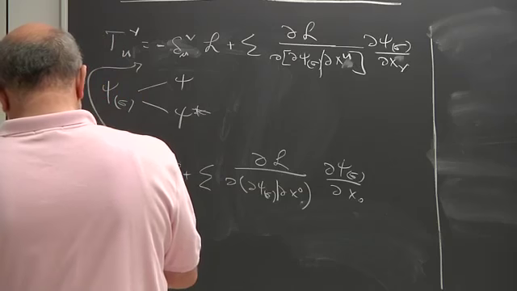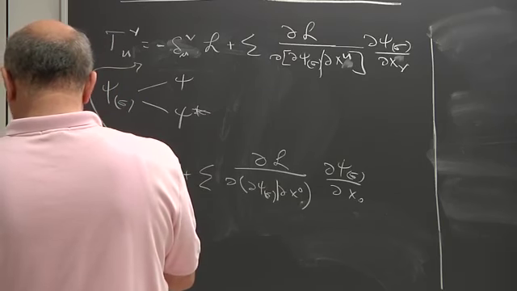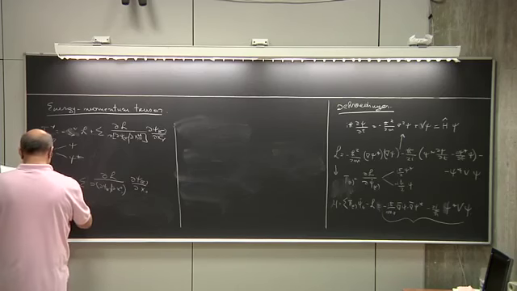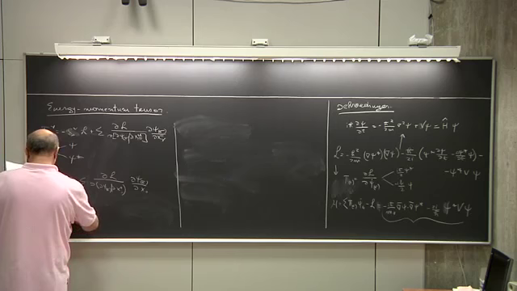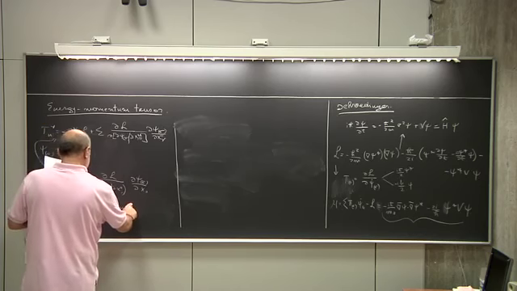Okay, now if you do it, you get the following expression: h bar squared over 2m0 gradient of psi star times gradient of psi plus psi star V psi.